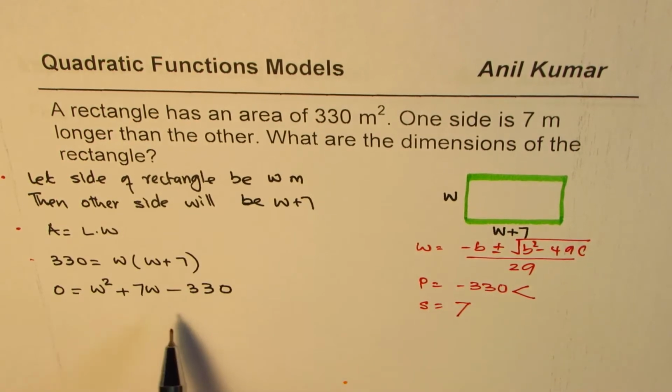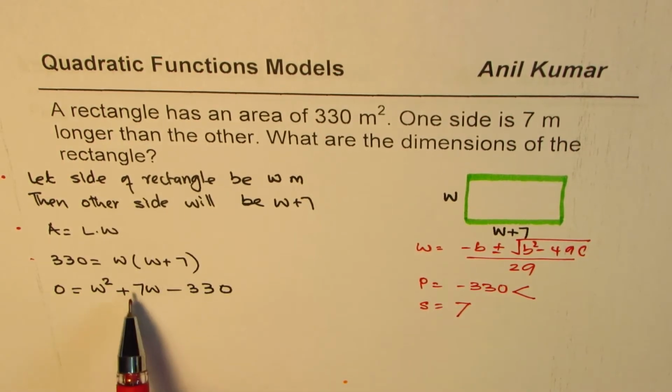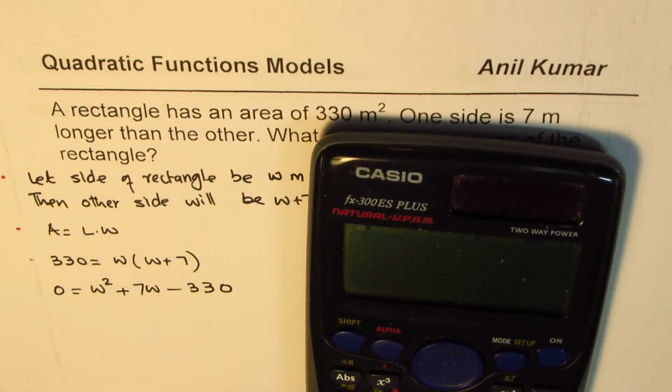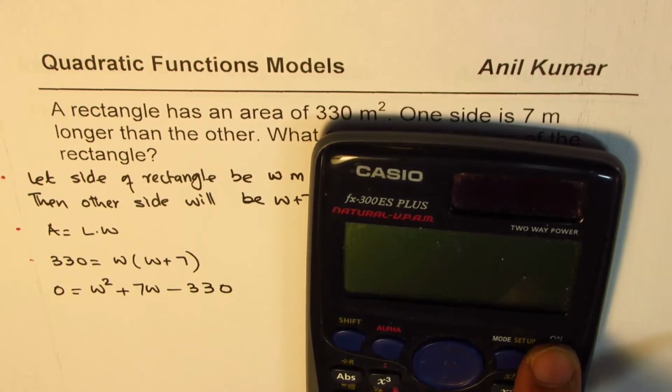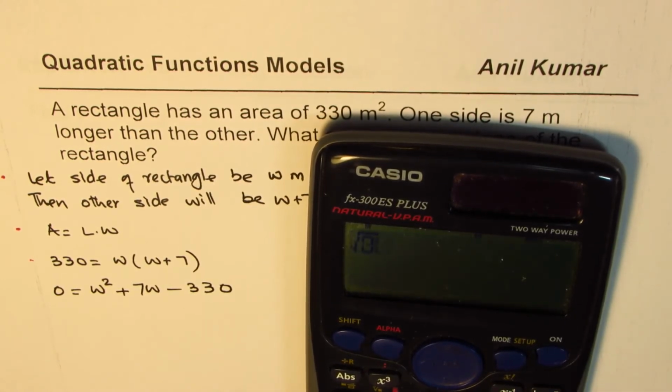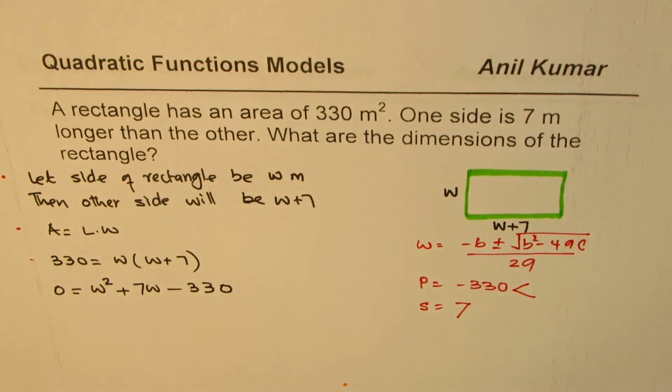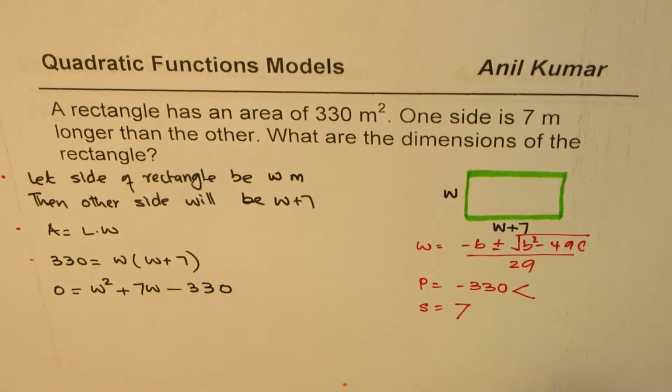Okay, and we need a sum of 7. So these two numbers are very close by. So let me approximate this answer. Square root of 330 is kind of a number which is 18. And what we are looking for here is two numbers which are close to one another.